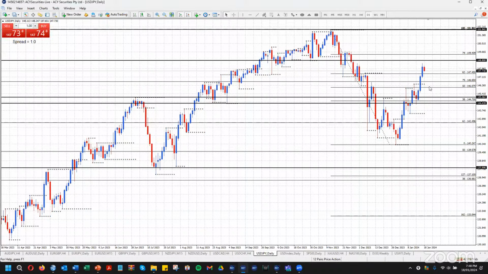So we might have to monitor what the US dollar is doing, because if it continues keeping its strength, it's going to be difficult for the dollar yen to have a strong sell-off. However, we are coming back up to the sell level, so we're just going to have to watch and see what the market's doing.